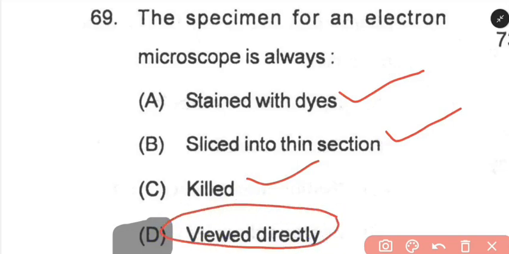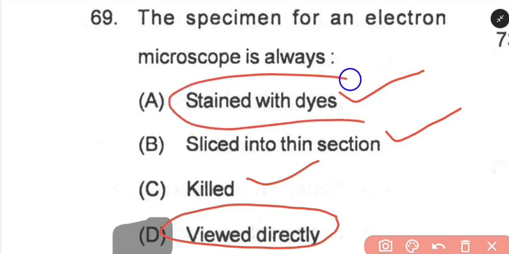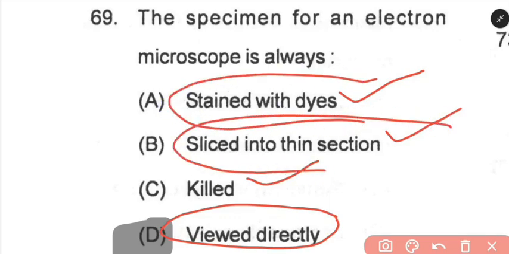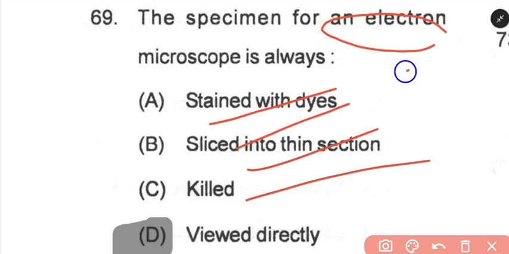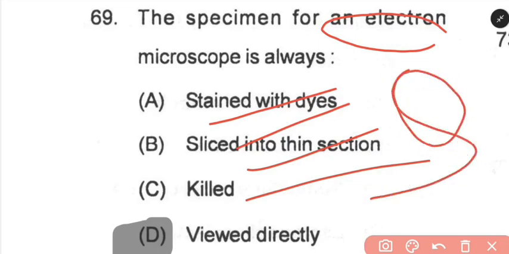We don't need to do the staining, slicing into sections, or killing of the specimen. By projecting a beam of electrons onto the specimen, we can view it directly.